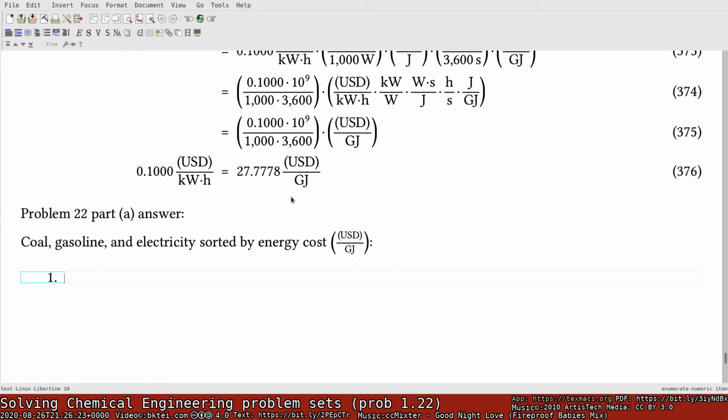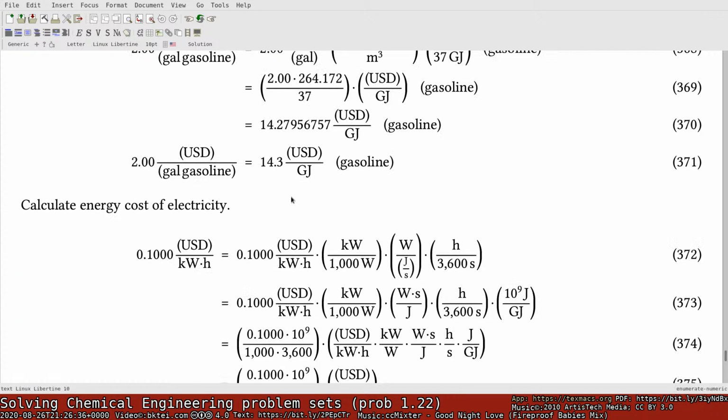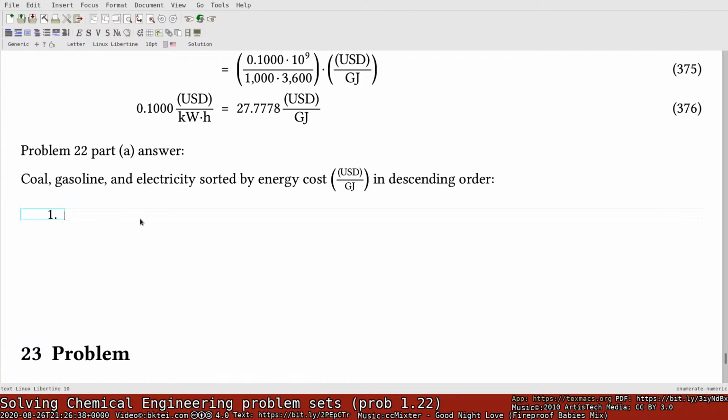So in order, the most expensive is electricity, looks like. Next is gasoline, then coal.